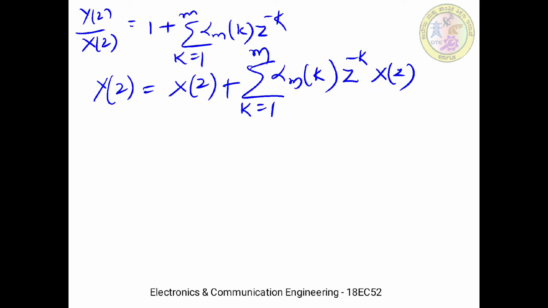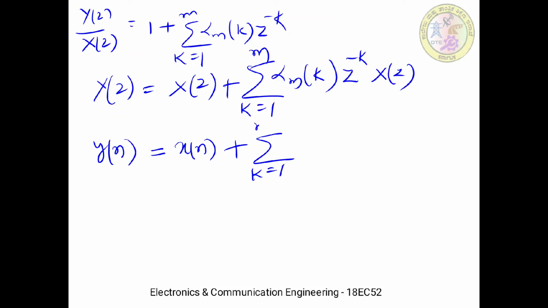Now by taking the inverse z-transform of the above equation, we derive the FIR system output y(n). So y(n) is nothing but x(n) plus summation k equal to 1 to m of alpha_m(k) into x(n minus k).